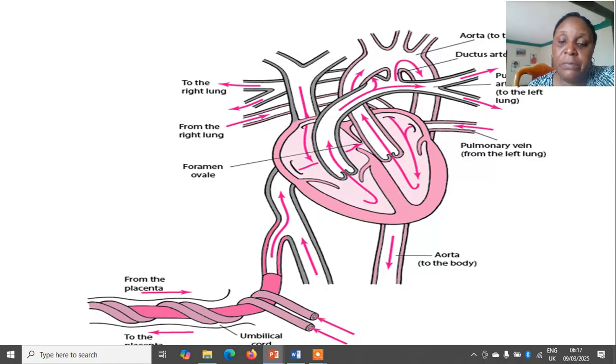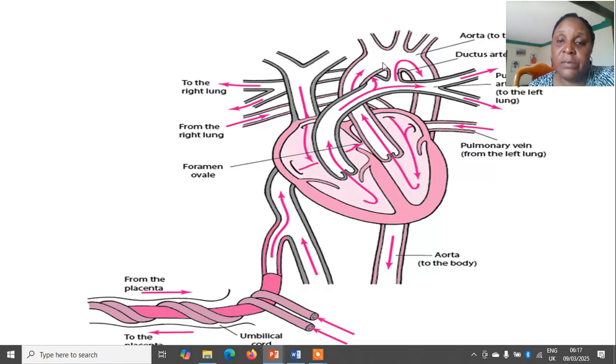But because this blood is at a low oxygen level, it is helped to be rejuvenated by the ductus arteriosus, a shunt which joins the pulmonary artery to the aorta. And this increases oxygenation of the blood which goes to the aorta to supply the rest of the body.